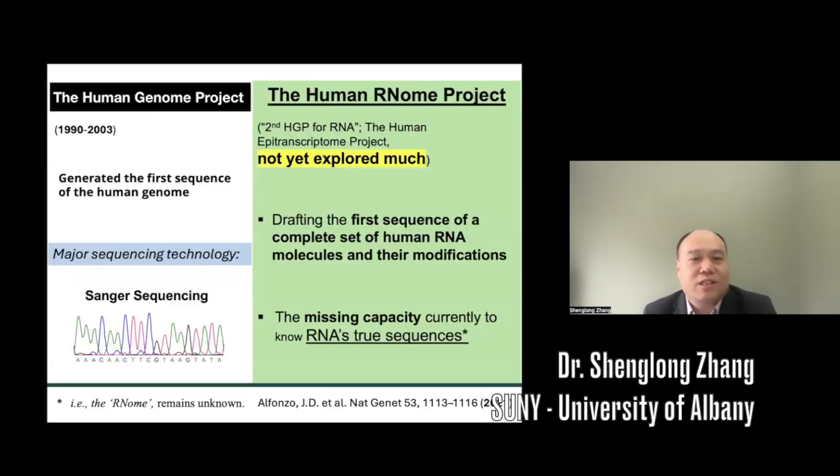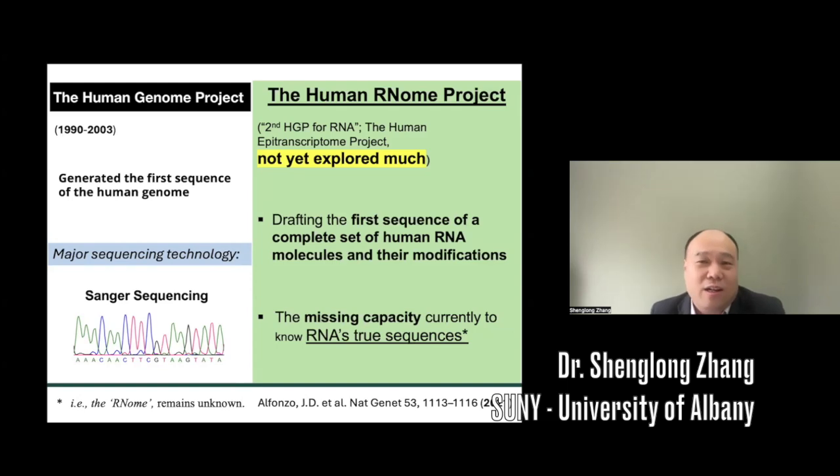For this audience, I don't need to say much about the Human Genome Project. It took 13 years and billions of dollars to generate the first sequence of our human genome. Now, a comparable project at a similar scale would be the Human RNA Project to draft the first sequence of all human RNA and their modifications.